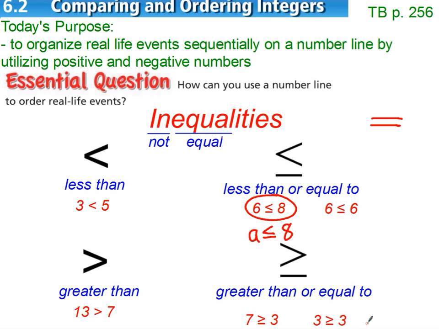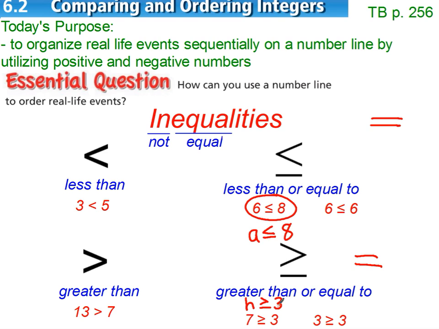We're just taking the greater than symbol and combining it with an equal sign. It means that that first number, the 7, is greater than or equal to 3. If I replace that 7, say, with an H, and said H is greater than or equal to 3, that means my variable could be 3, but it could also be any number bigger than 3.